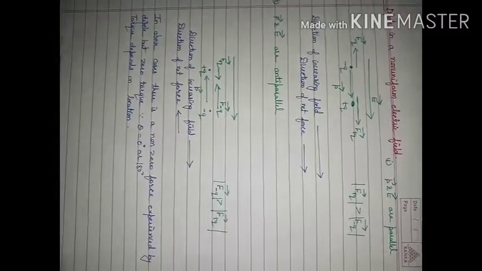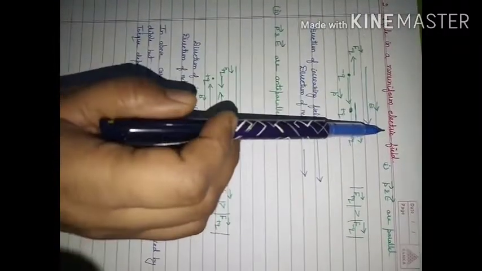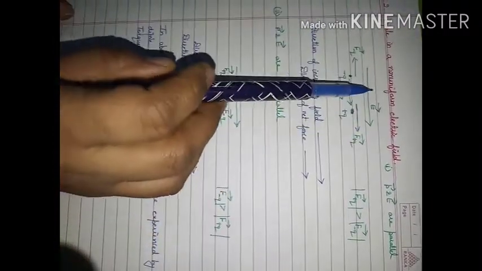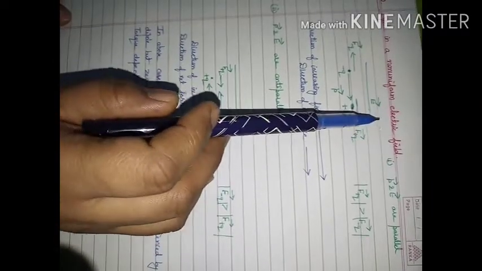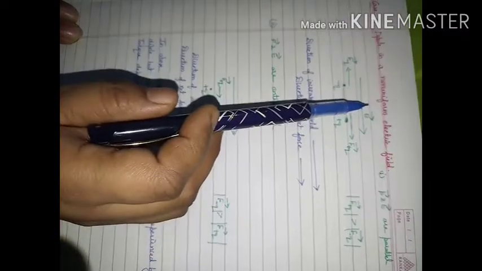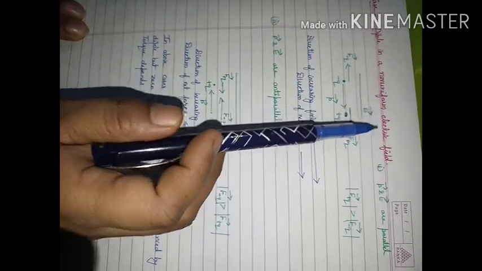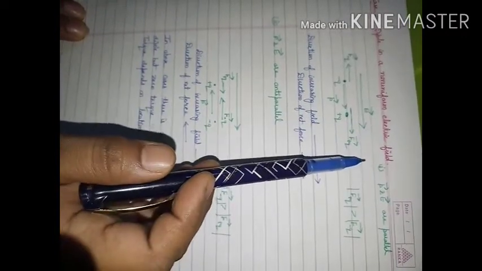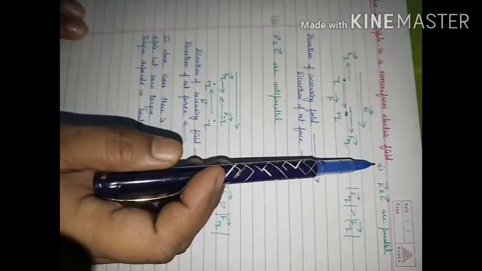The second case that we have to discuss is what happens when the dipole is kept in a non-uniform electric field. Non-uniform electric field means one whose strength changes with the change in distance. You can consider the field produced by a point charge. With the change in distance, the value of electric field is changing.